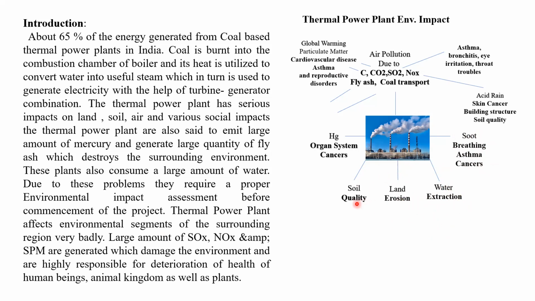Land erosion is there. Soil qualities also get destroyed during the construction phase. And also one of the major concerns is the mercury coming out of the thermal power plant, which causes organic system cancers.